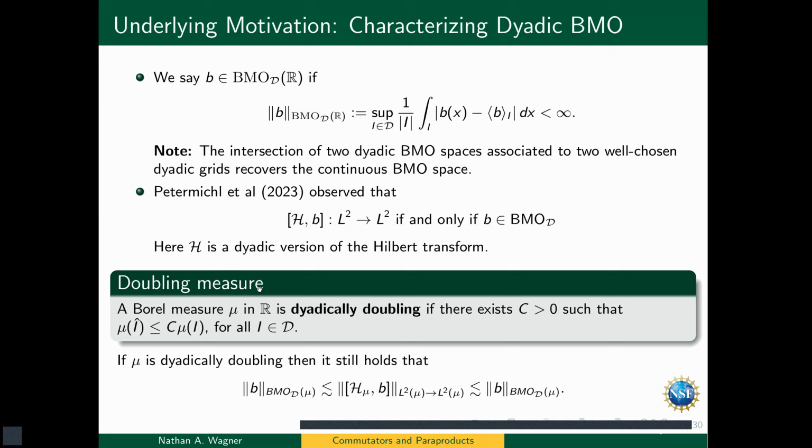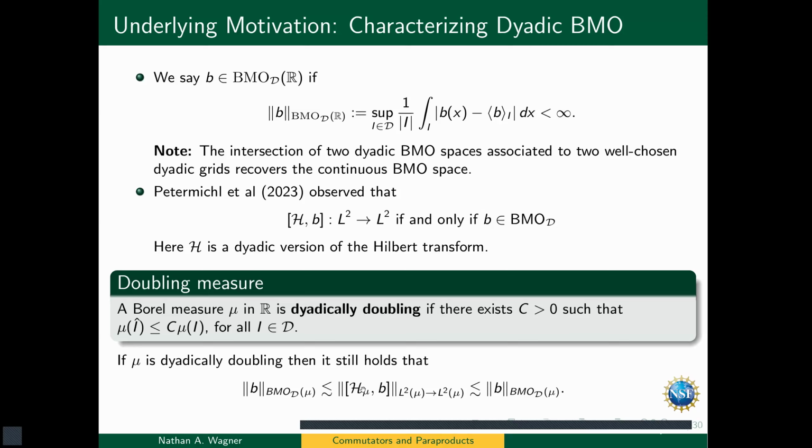Basically, if you assume that your underlying measure for the space is dyadically doubling, which means that there exists some constant so that the mu measure of the dyadic parent of a dyadic interval I is controlled by that universal constant times mu of I, then the theory is basically the same as for the classical case.